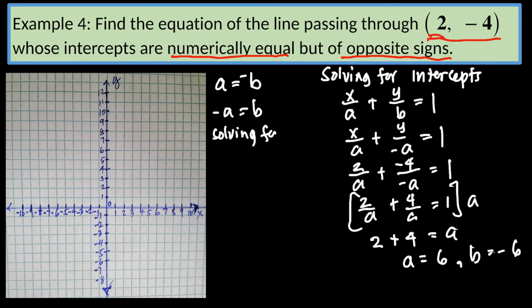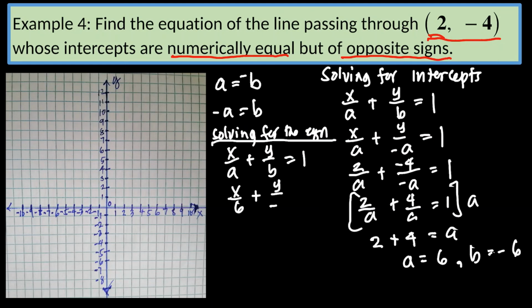Okay, so this will give us x over a plus y over b equals 1. All right, so this will give us x over 6 plus y over negative 6 equals 1.